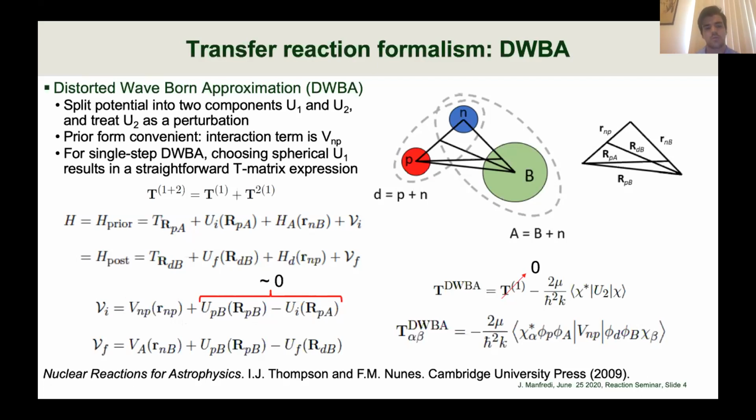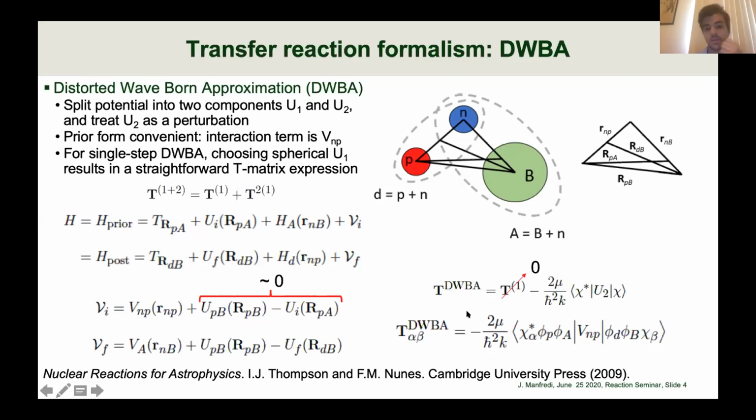And for a single-step DWBA approach, we can choose a spherical U1, which means that no angular momentum can be transferred because of U1, and therefore that no nucleon transfer can happen because of U1. So we already know that the T matrix on account of U1 is already going to go to 0.